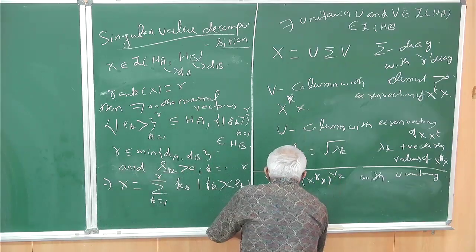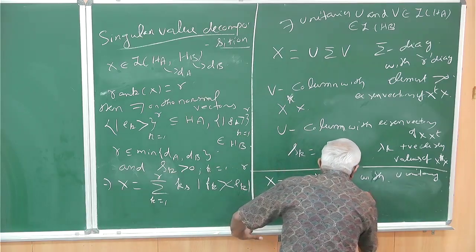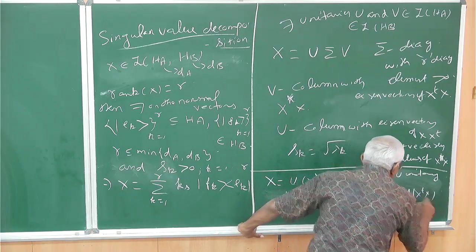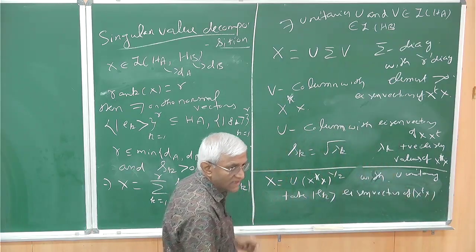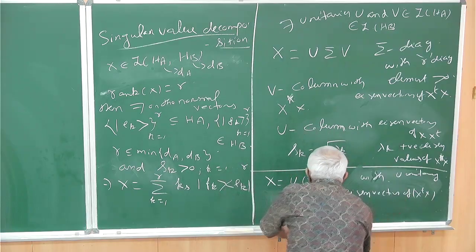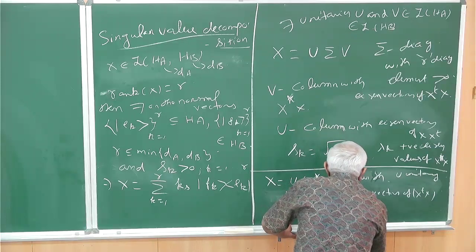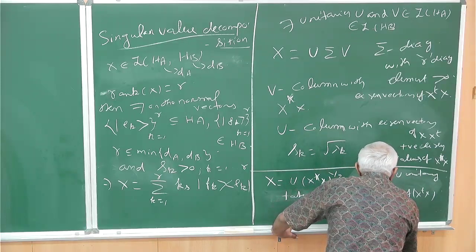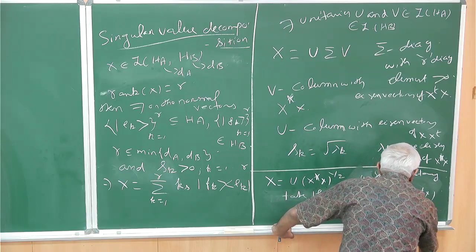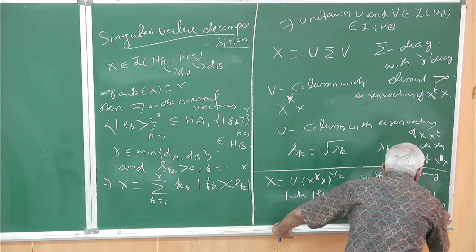So take ek to be eigenvectors of X transpose X or X transpose X, both are the same, both have the same eigenvectors. It's just the square root. So both have the same eigenvectors. And fk equal to U of ek. That's all. And sk equal to just the eigenvalues of this X transpose X power half.